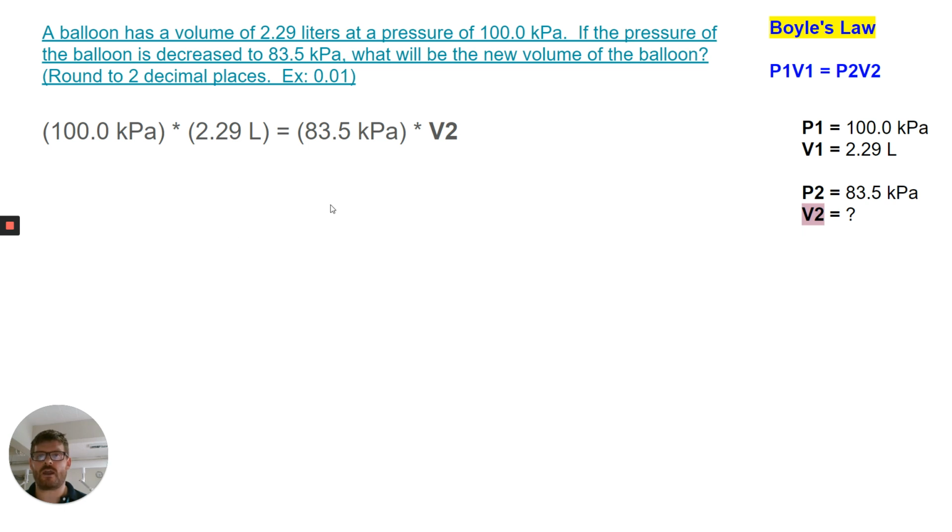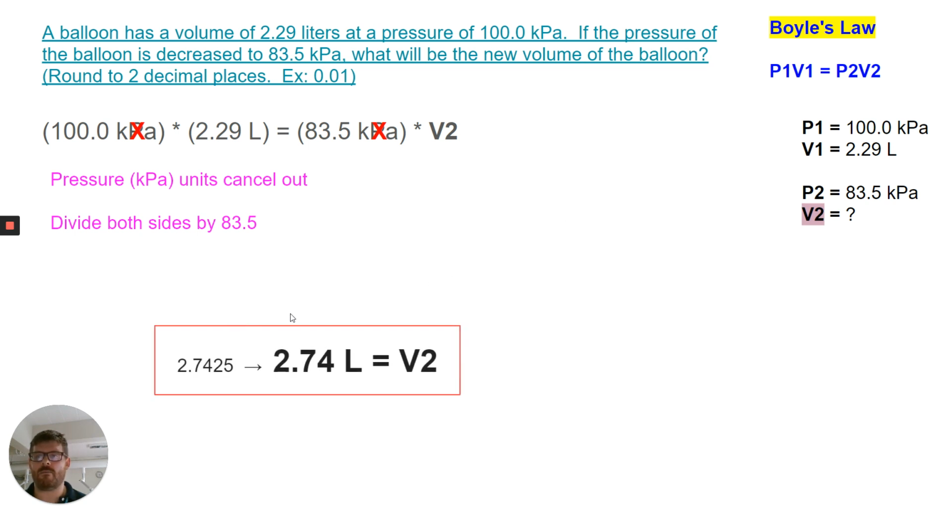Because we have kilopascals on both sides of the equal sign, those are going to cancel out, and that'll leave us in units of liters. Then we divide both sides by 83.5, and that isolates our variable V2. So this is pretty simple to solve.